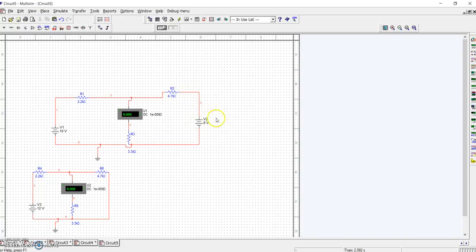Similarly, we have to construct another circuit when only this 8-volt source is acting alone, replacing this 10 volt voltage source with a short circuit.